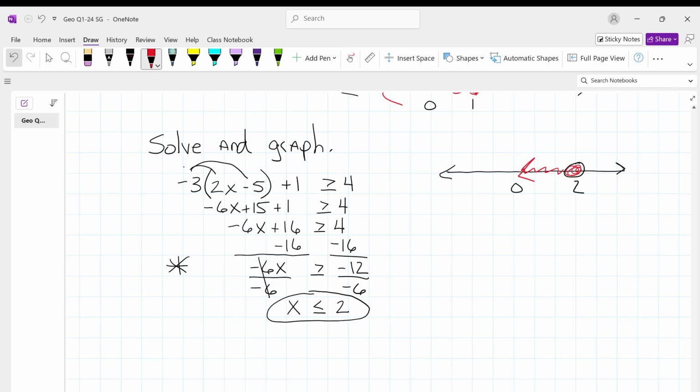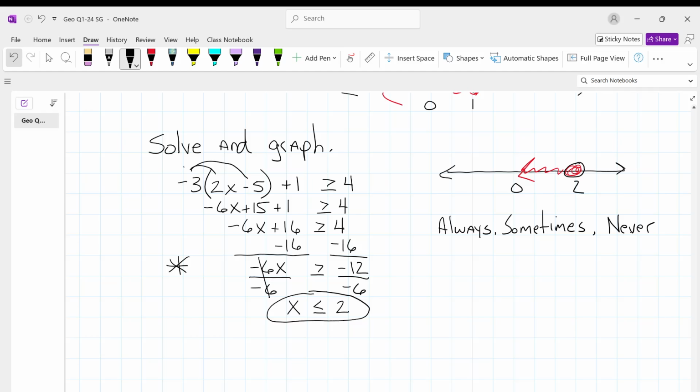Now, I'm going to cover this while we're here. Later on in your assignment today, you're going to be asked if the inequality is always, sometimes, or never true.